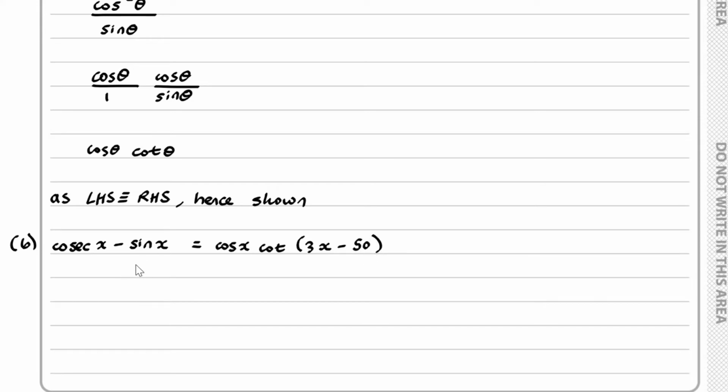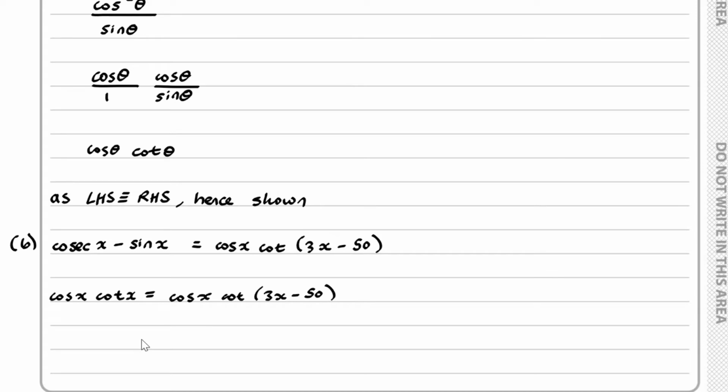And if we use what we found in part A, on the left hand side we have cos x cot x, and this is equal to cos x cot of 3x minus 50.